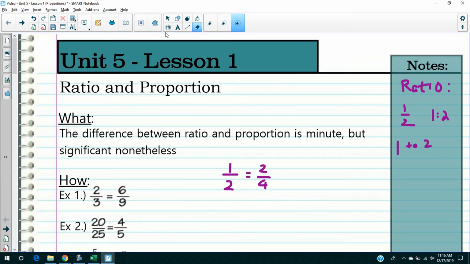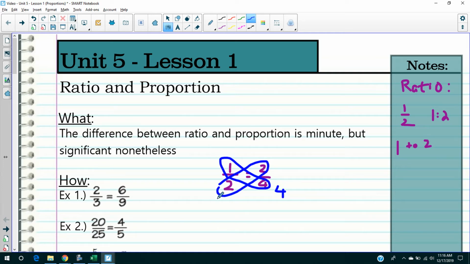And this is how you can tell. Two ratios are in proportion if you cross multiply the numerator with the denominator of the other fraction, and likewise the denominator of one fraction and the numerator of the other fraction, meaning multiply them like this. If they're equal, then they're in proportion. Let me show you what I mean. 1 times 4, that's 4. 2 times 2, that's 4.